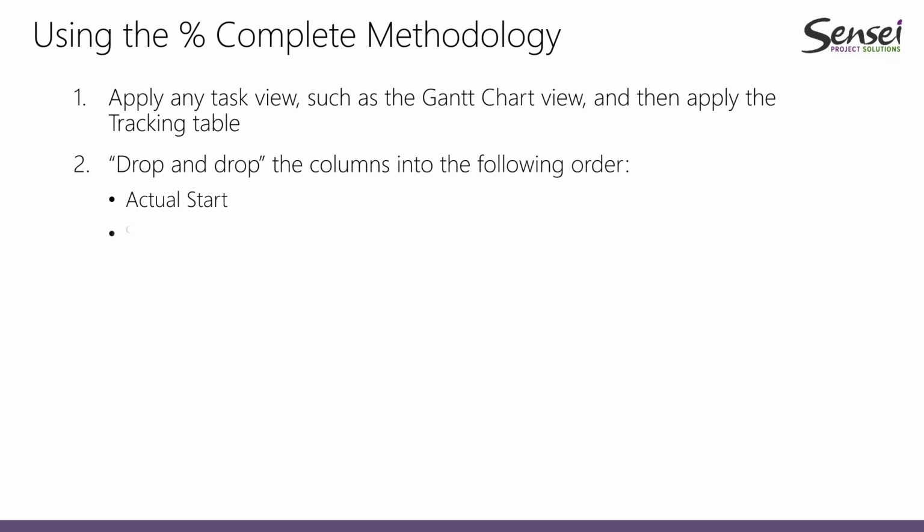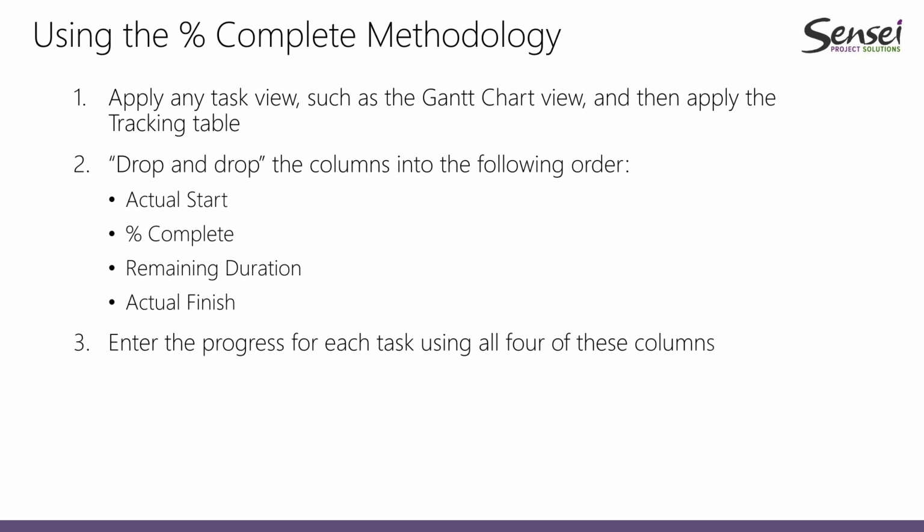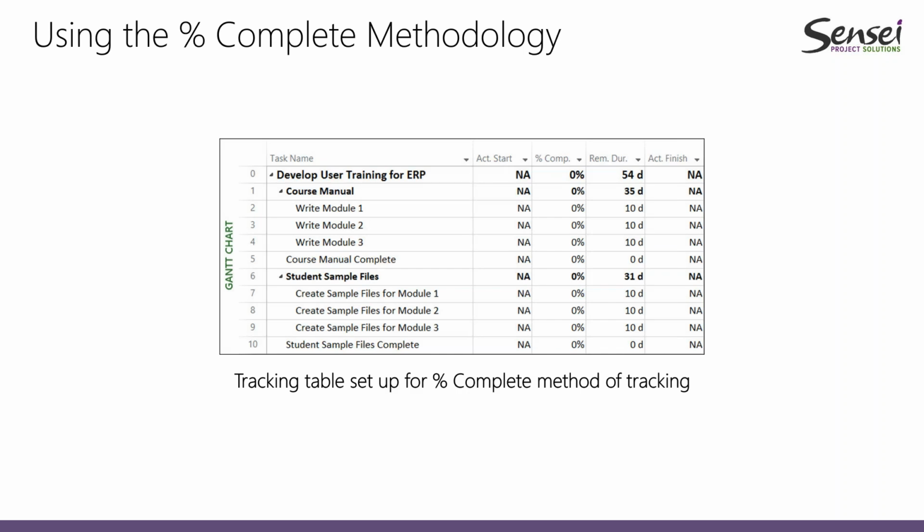But what we do is make some changes in the tracking table and reorder the columns. But as soon as you are tracking with the percent complete methodology, you can also create your own custom table, right?